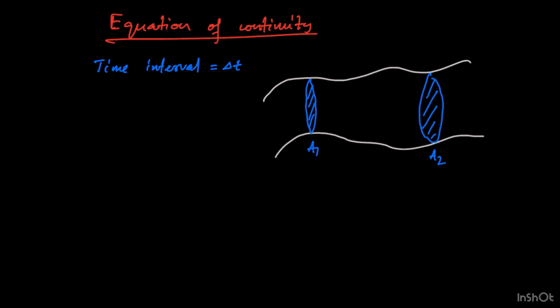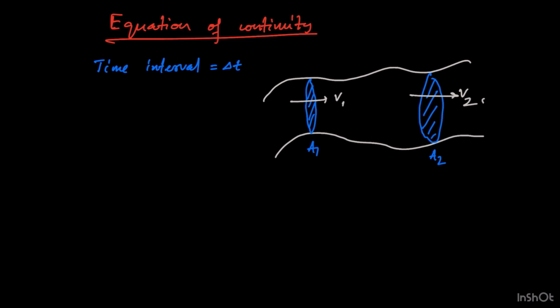Now let us find out how much fluid is going into this tube in delta t time. So let us construct a cylinder of length v1 delta t. What is v1? v1 is the velocity of the fluid which is going into this part of the tube, and v2 is the velocity of the fluid which is going out through this cross section A2.